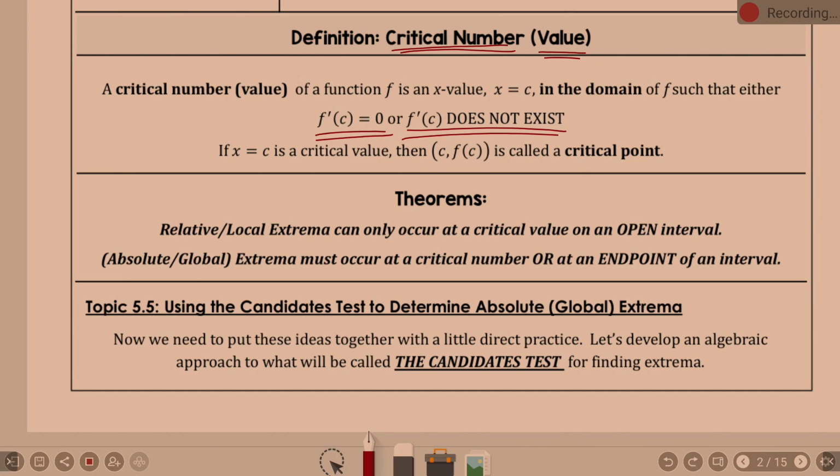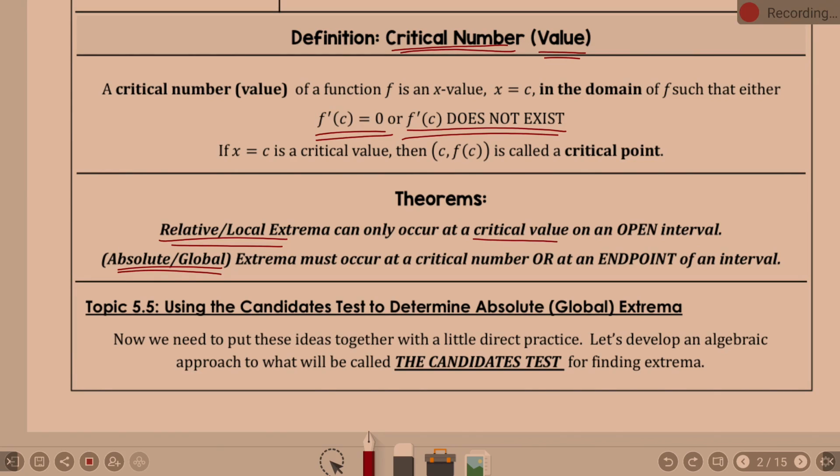Absolute extrema must occur at a critical number or at an endpoint. So we talked a little bit yesterday about the difference between having those extrema on the inside versus at endpoints. Relative and local extrema occur at critical values.